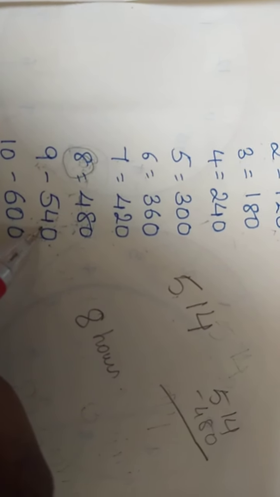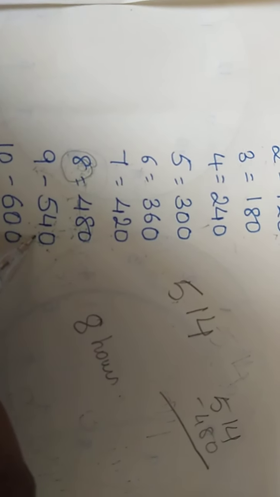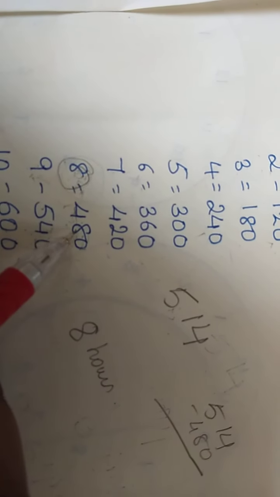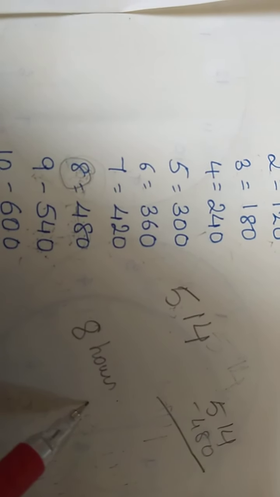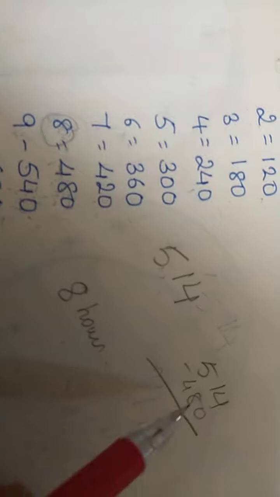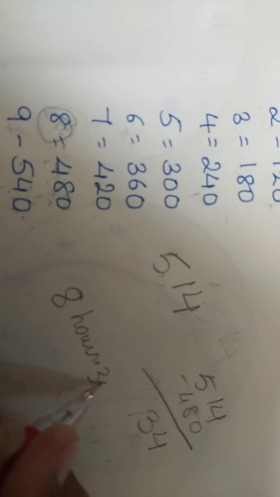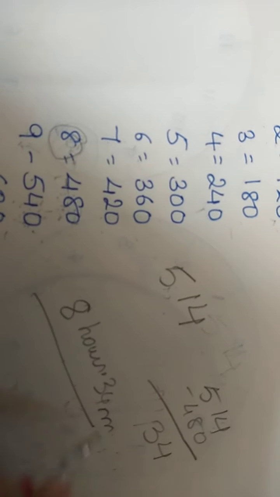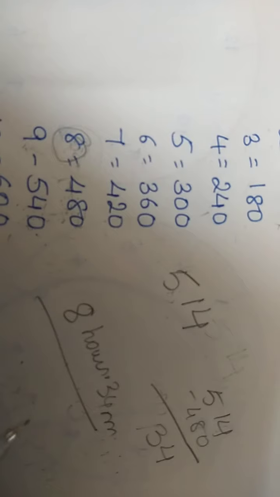We cannot use 540 because this is the bigger number. We need to minus the smaller number. So 8 hours is confirmed. And now let's see what are the minutes in it. If you minus this, you get 34 minutes. So 8 hours and 34 minutes is the difference between India and Sao Paulo, Brazil.